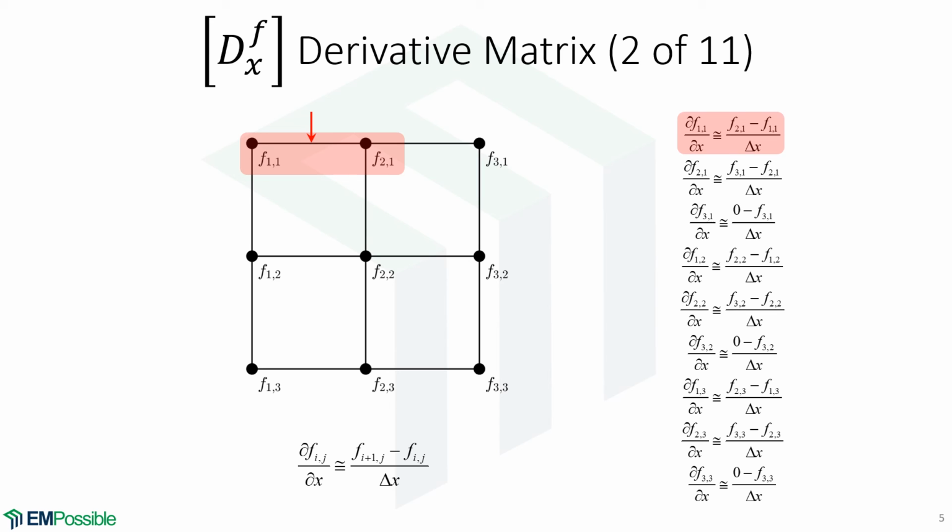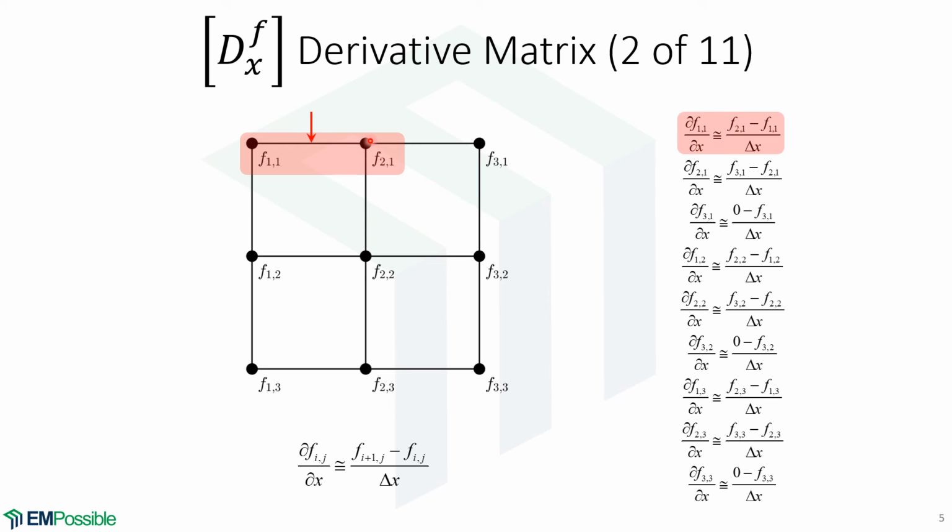So let's begin. The first point, we are calculating the first order derivative at the midpoint, and if we go with our equation at the bottom for our finite difference, it's the function from the next cell over in the x direction minus the function from the same cell divided by the spacing delta x. So both f11 and where we're evaluating the derivative are in the same cell.